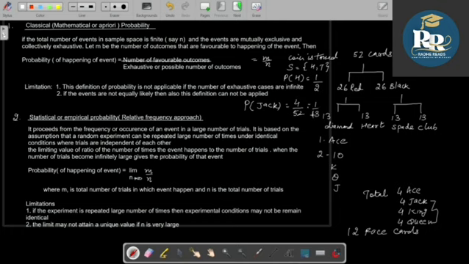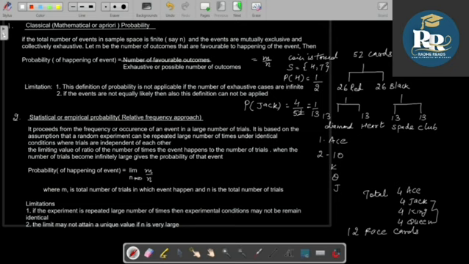So the probability of drawing a jack is 4/52, that means 1/13. See, in this case, we are just looking for the number of favorable outcomes for the event for which we have to find the probability, and the total number of possible outcomes.